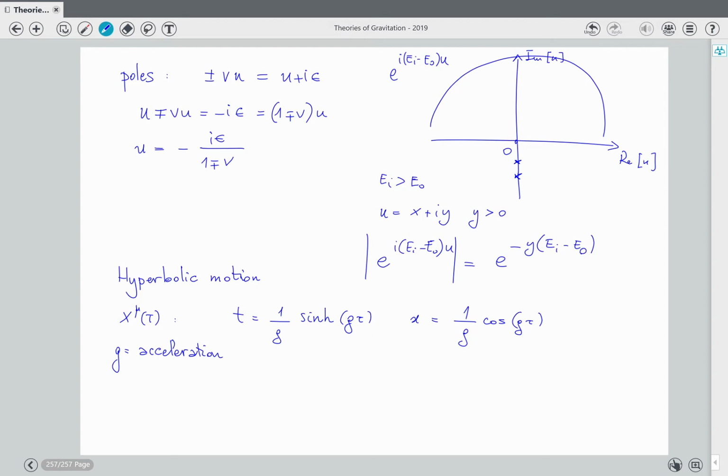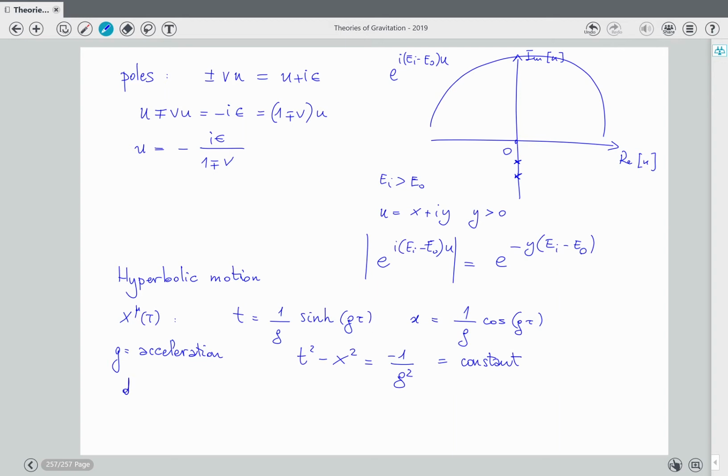In particular, you know that t squared minus x squared is 1 over g squared times hyperbolic sine squared minus hyperbolic cosine squared, that's minus 1, that's a constant, which is why it is called hyperbolic motion. This is a hyperbola.